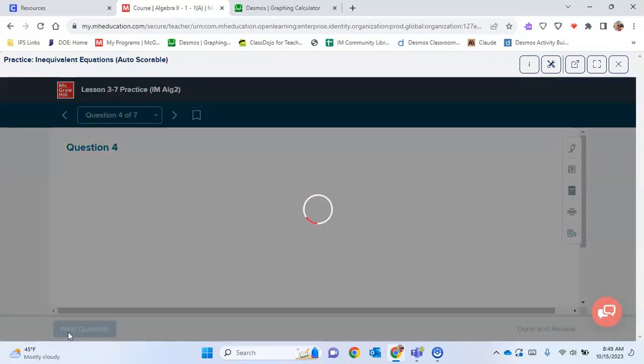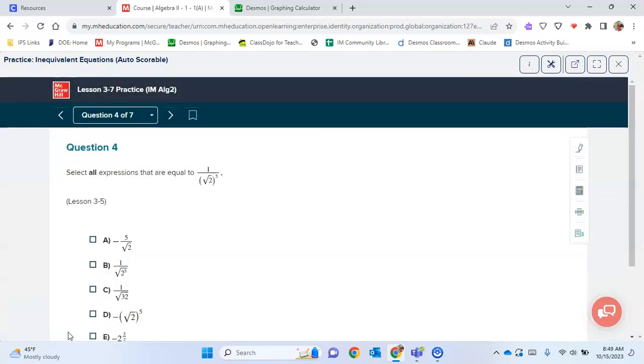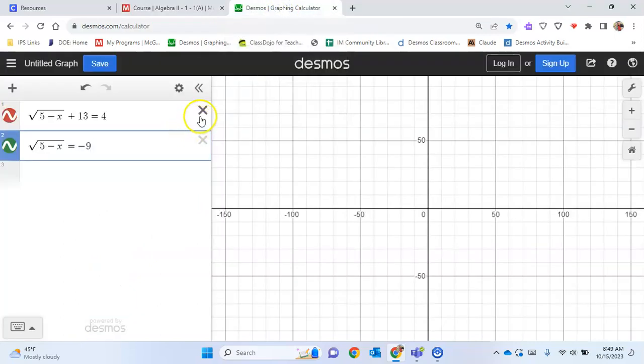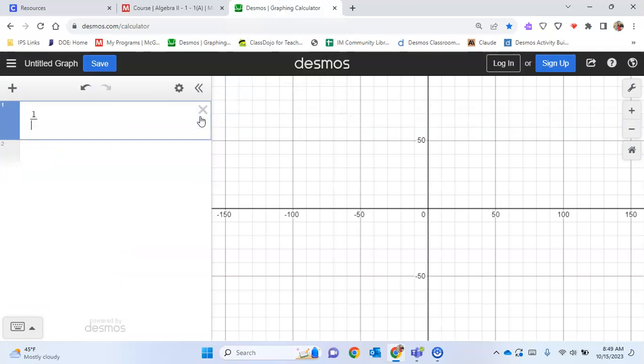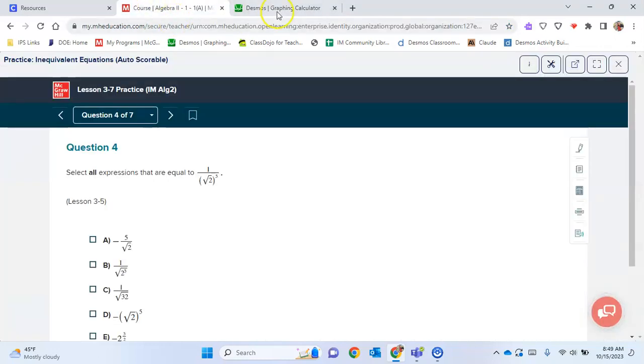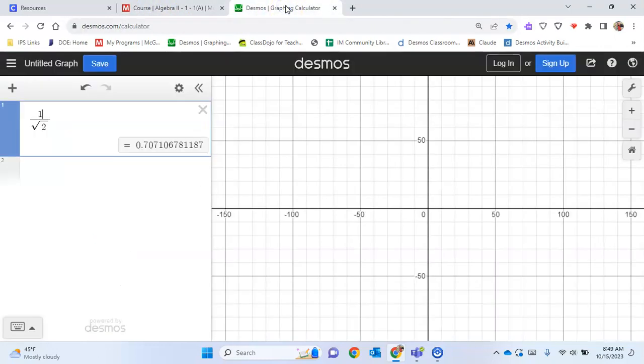Question 4. Select all the expressions that are equal to 1 divided by the square root of 2, to the 5th power. Alright, 1 divided by the square root of 2, with parentheses around it, to the 5th power.